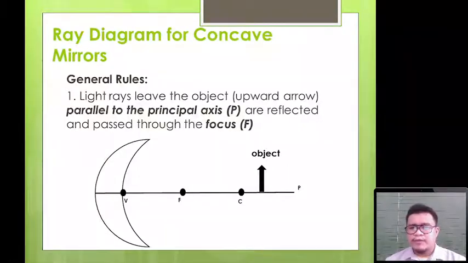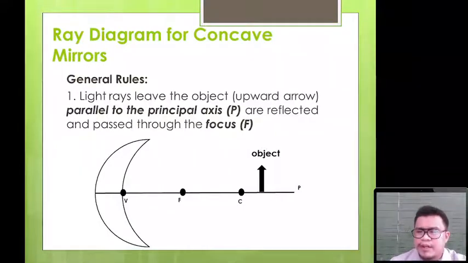Light rays leave the object upward, arrow in the diagram, parallel to the principal axis, which is your P, are reflected and passed through the focus or your focal point, which is the big letter F. So how do you apply this one? It's just simply like this. First, you draw from the tip of your arrow, which is the object, a parallel line to the principal axis, which is the imaginary line from the center of the circle or the P. Okay?